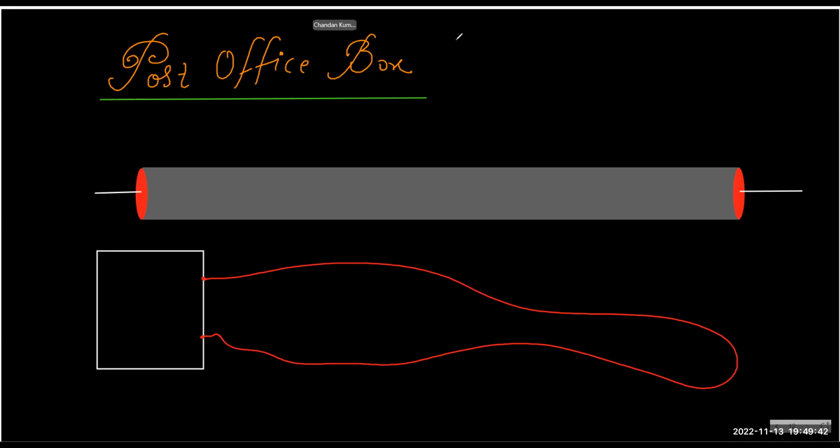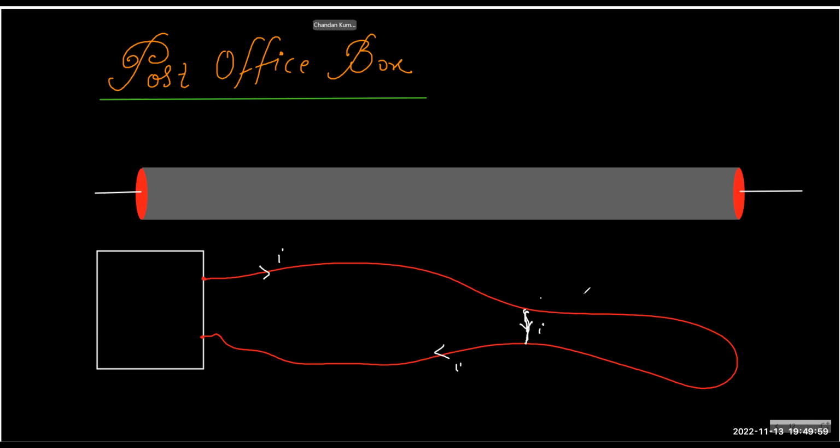Now inside the cable, let's say I'm representing only one cable which is going and coming back. If there's some short circuiting here, what will happen? Current will flow here, here, and here. Okay. So it will turn from here.